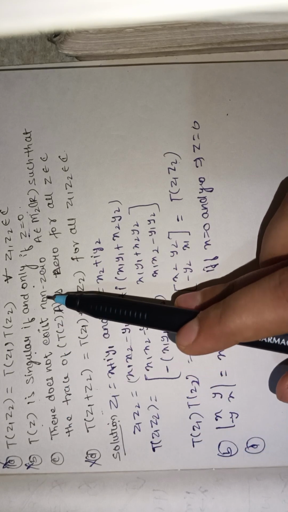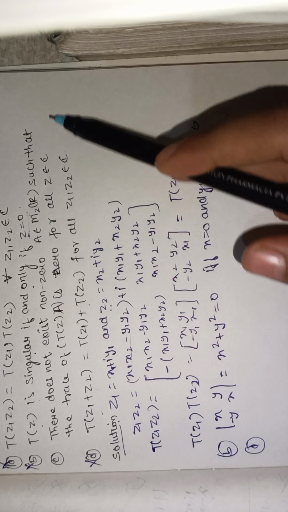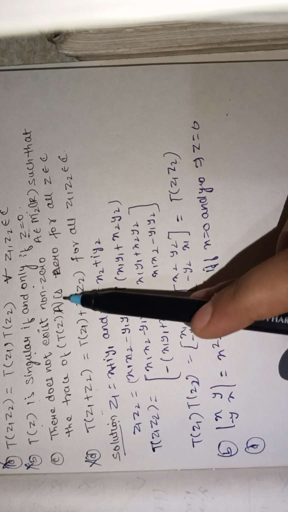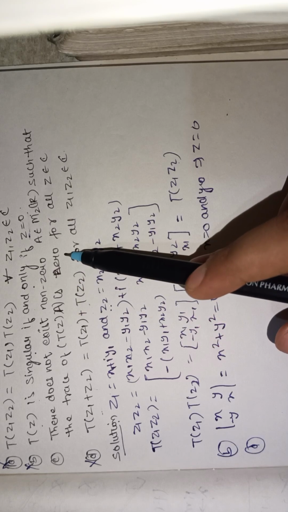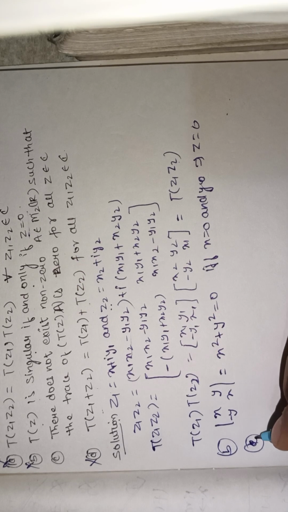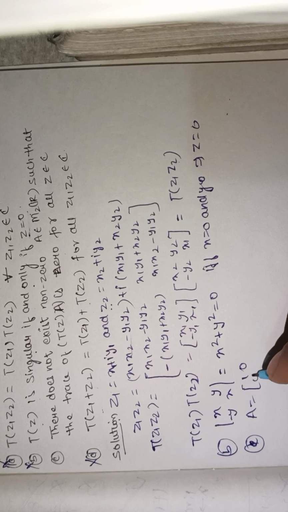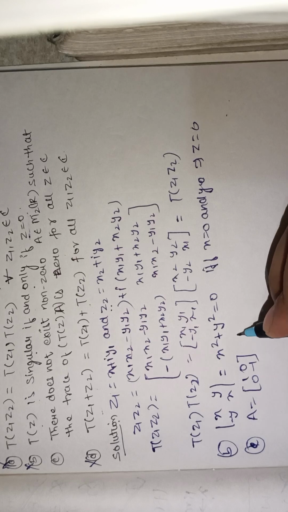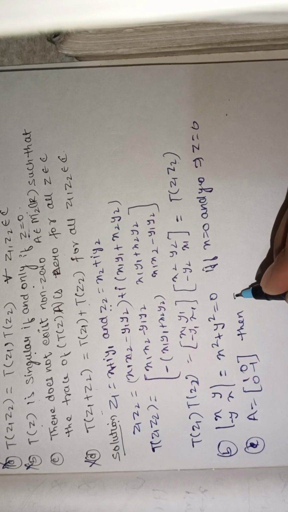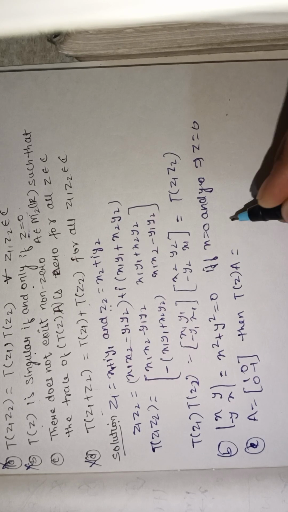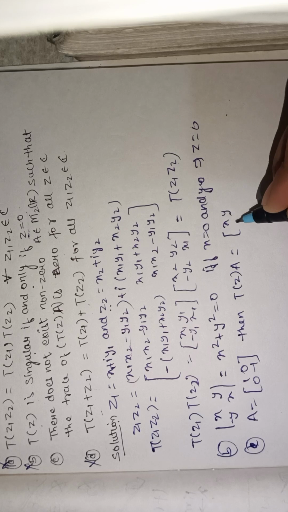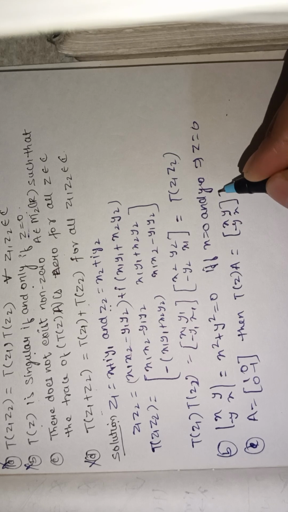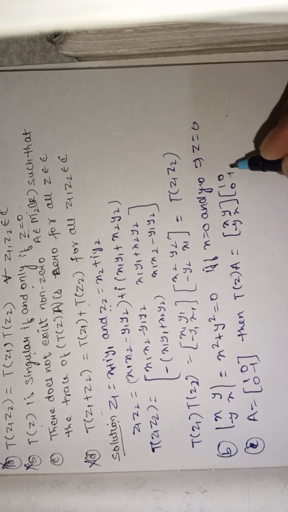Option C says there does not exist a non-zero A belonging to this set such that the trace of T(z) into A is 0. Here we can find, for option C, let A be the matrix [[1, 0], [0, -1]]. Then T(z) into A, what do we get? [[x, y], [-y, x]] multiplied by [[1, 0], [0, -1]].